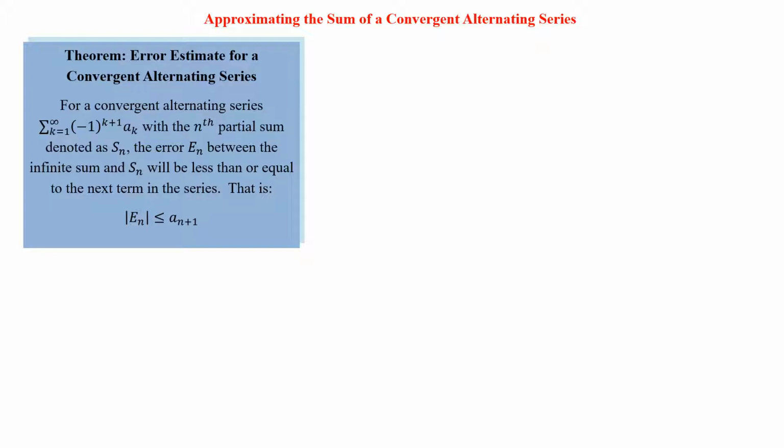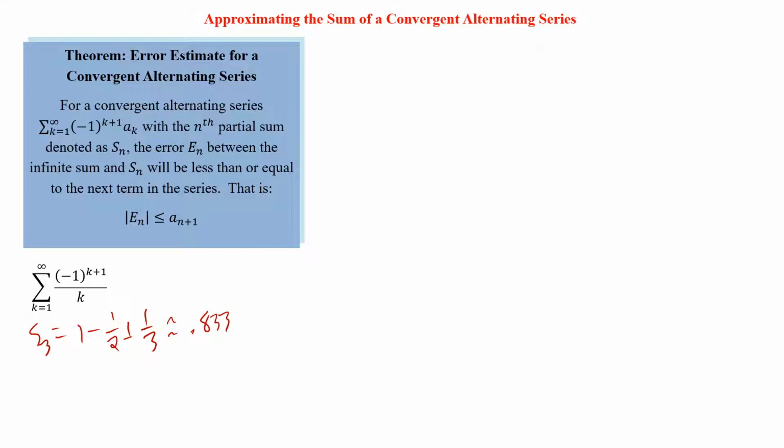So if we were looking at, say, the alternating harmonic series, we could find the third partial sum. We could find S3, which plug in 1, we get 1, minus plug in 2, we get 1/2, plus 1/3. So the third partial sum is that, and that's going to be about 0.833. It's 5/6.